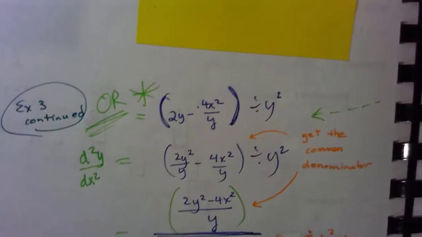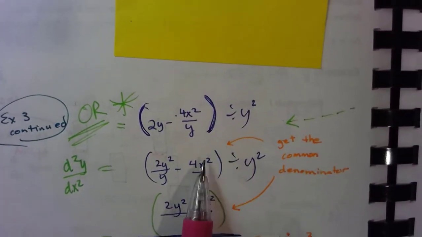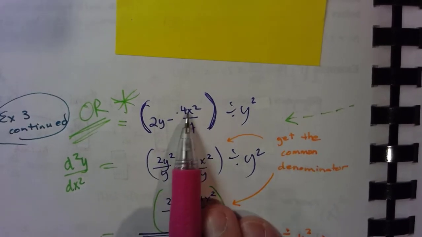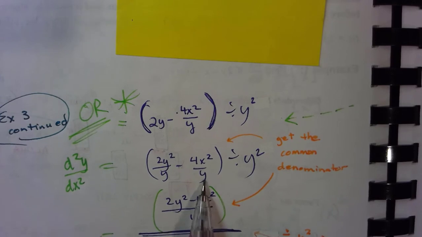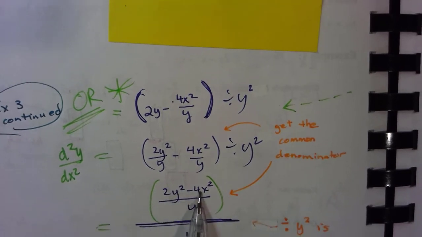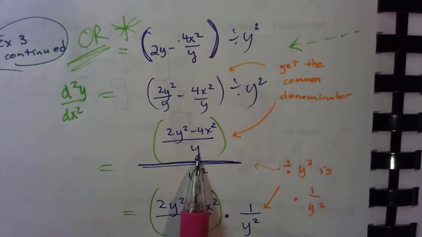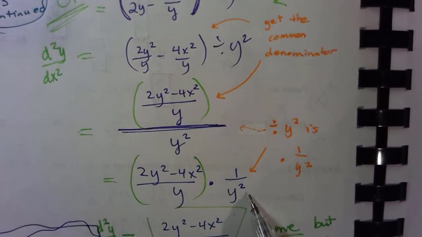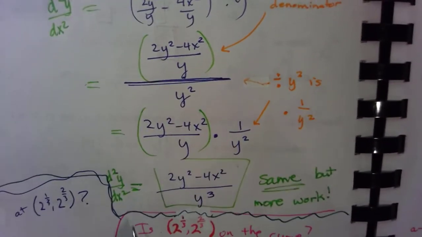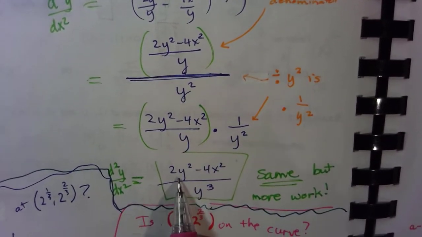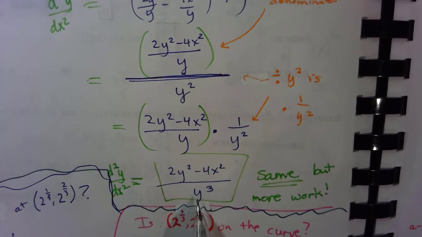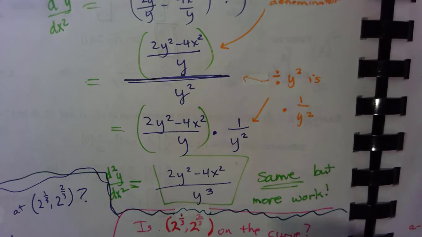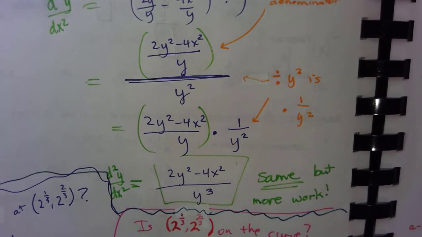That means getting a common denominator, 2y squared over y minus 4x squared over y, which gives me 2y squared minus 4x squared over y divided by y squared, which is times 1 over y squared. And you still get the second derivative to be 2y squared minus 4x squared over y cubed. It's the same as what we got in that problem, but a little bit more work.